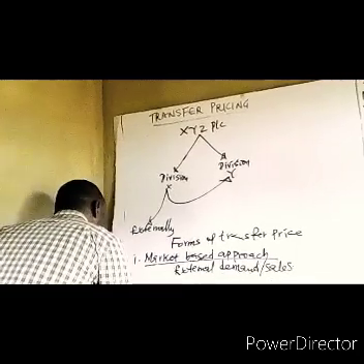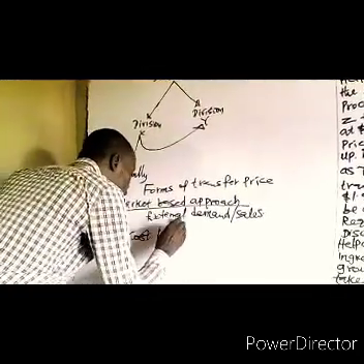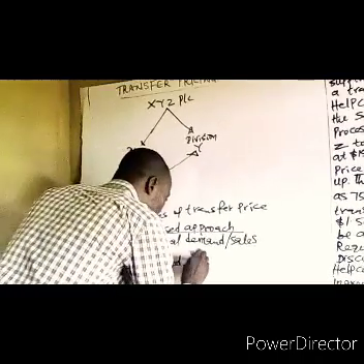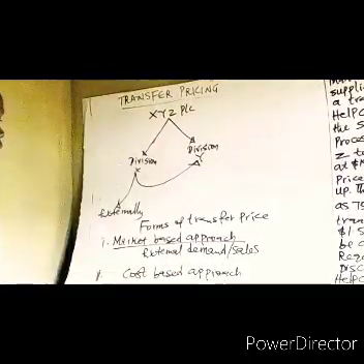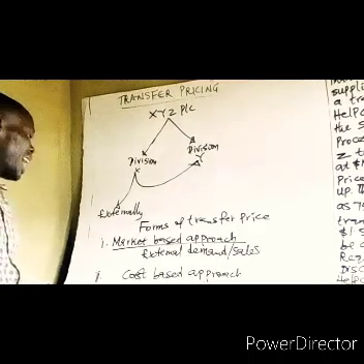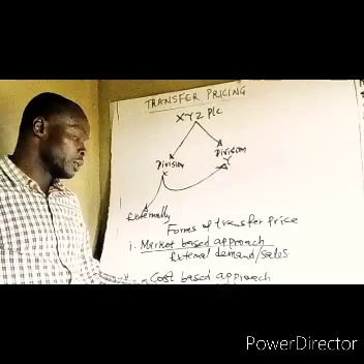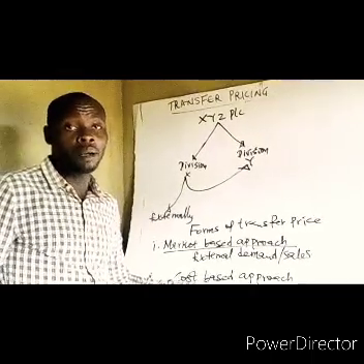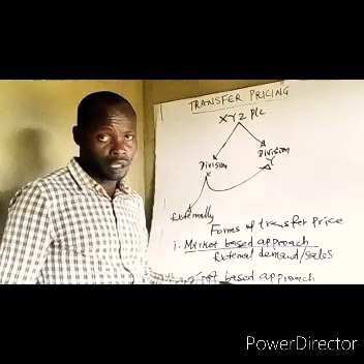Then the second one is the cost-based approach. Cost-based approach means that the goods and services are sold by the selling division to the buying division at the cost of the product.